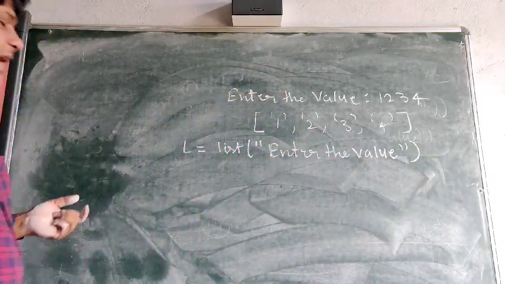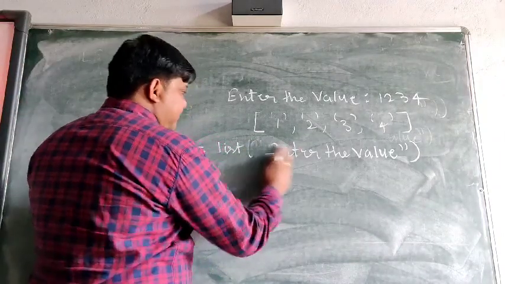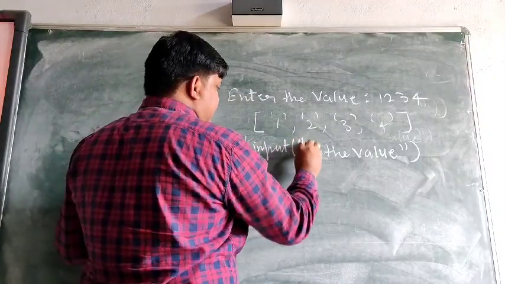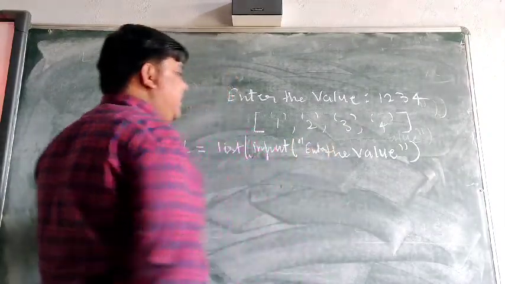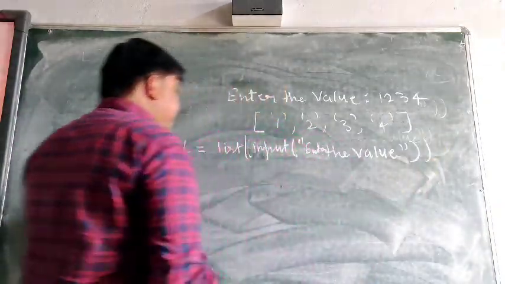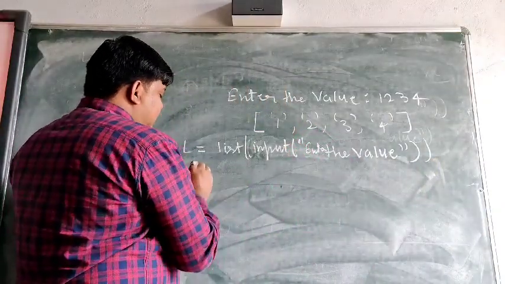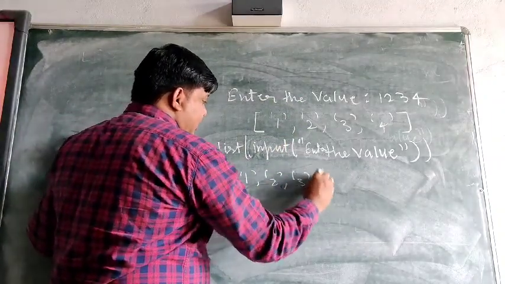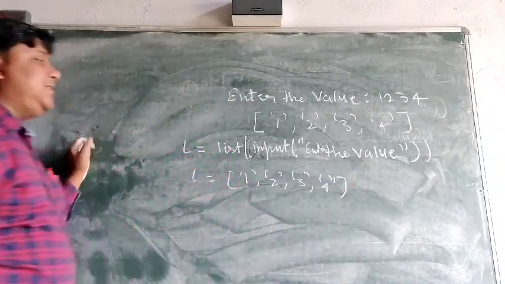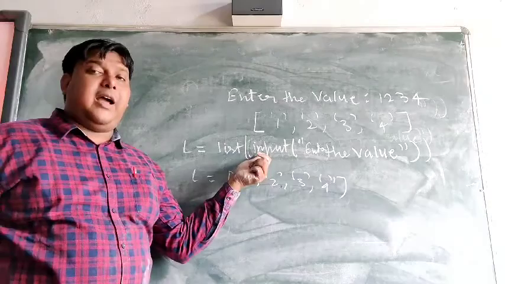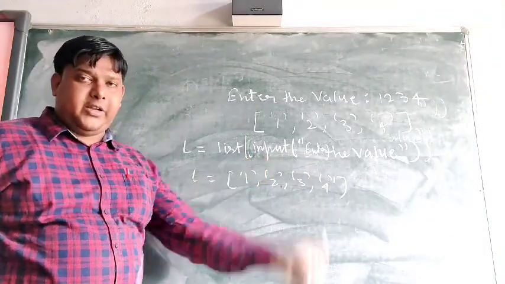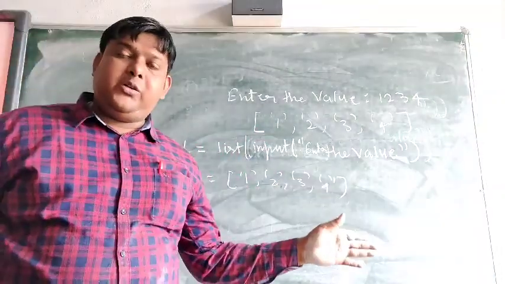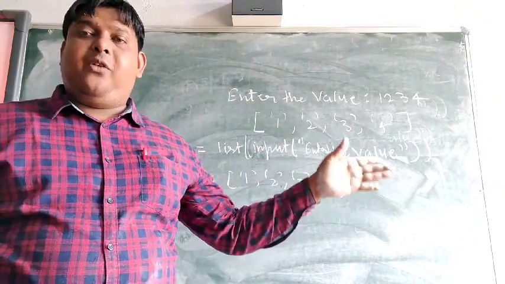Clear? Sorry, one mistake here, one more bracket will close here. If the user has given this value, the value of L will become 1, 2, 3, 4. Only one thing: the input function gives the value in the form of a string, and list is a method that converts the string value into list values.